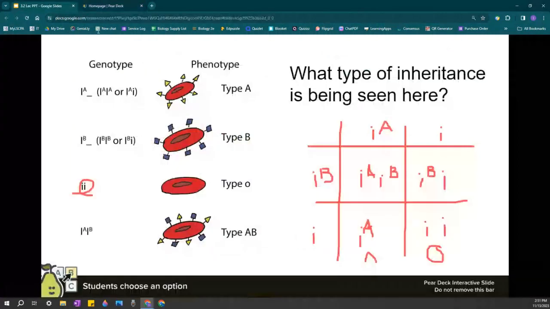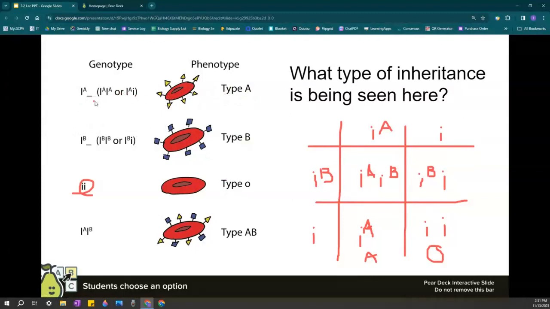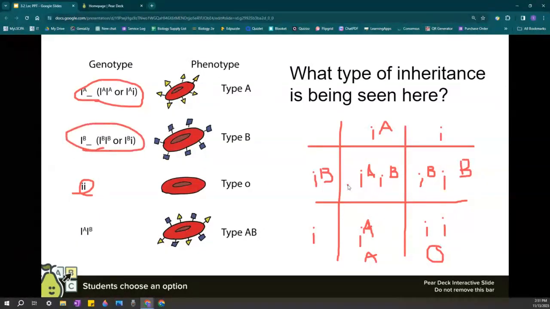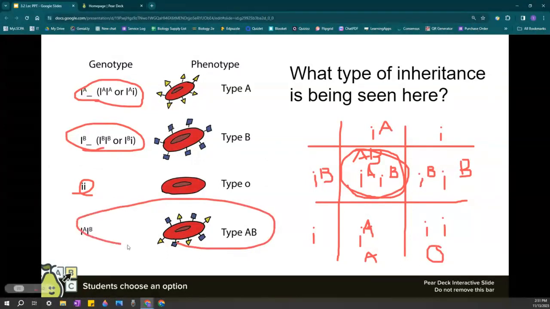This one right here. I'm only expressing A. Then I have a 25% chance of getting type B blood. So this one right here. But I also have a 25% chance of getting type AB blood, where both alleles are expressed.